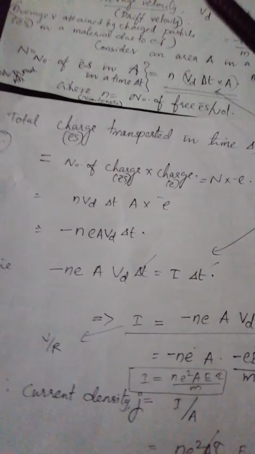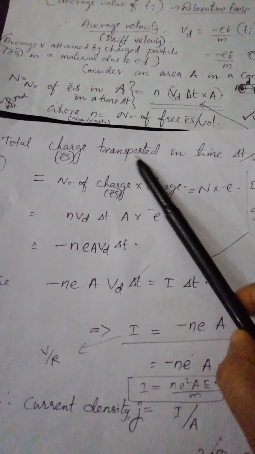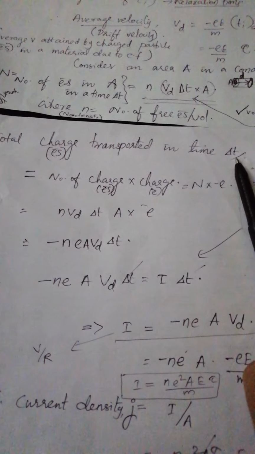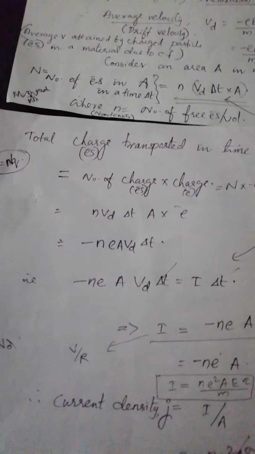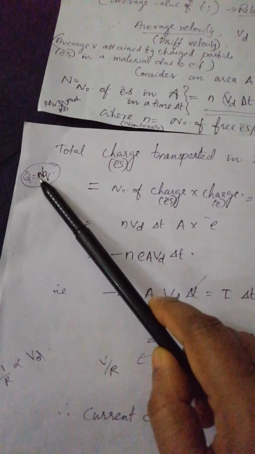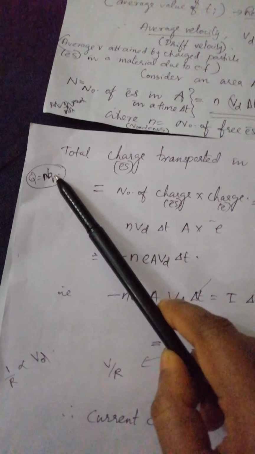Now let us find out the total charge transported in delta t time. We can write the number of charges into each charge.